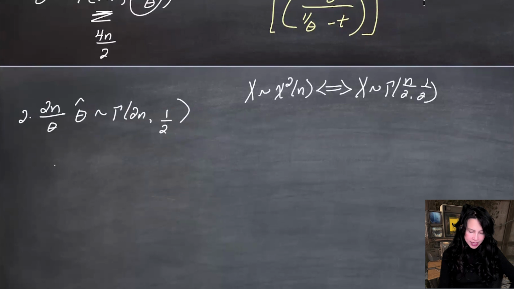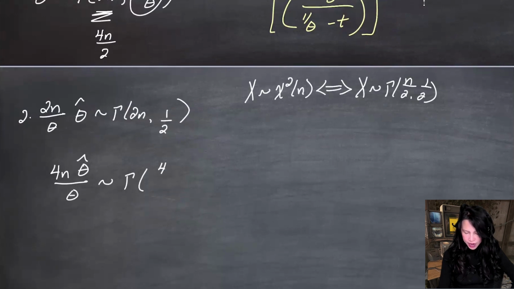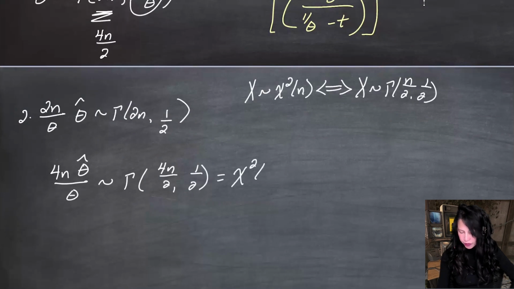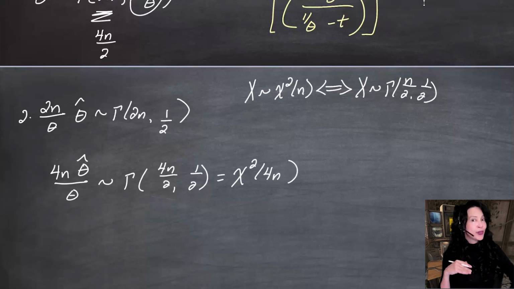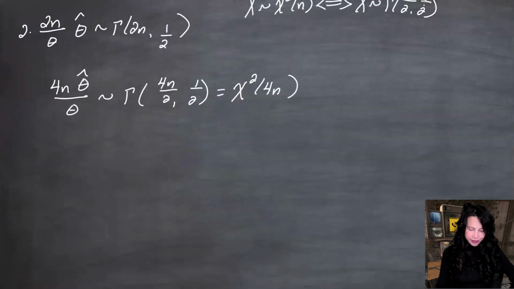So what this is telling me is that 4n theta hat over theta has a gamma 4n over 2, comma 1/2 distribution, which is a chi-squared 4n. So this depends on the unknown theta, but that's okay. We're doing a hypothesis test, but much like a confidence interval, we are working through a pivotal quantity, which is some function of the statistic and the unknown parameter whose distribution is known to you and not depending on any unknown parameters.